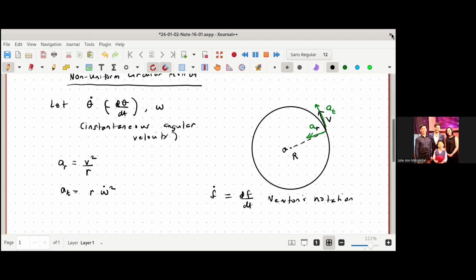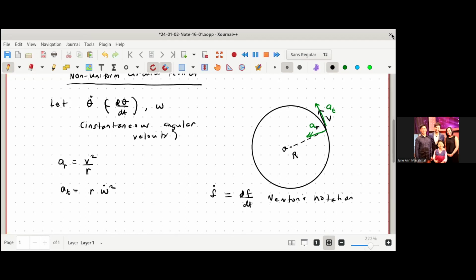Ngayon, ipapaprove ko na lang sa'yo ito, so prove this later. May guided exercise kung paano gawin yan.